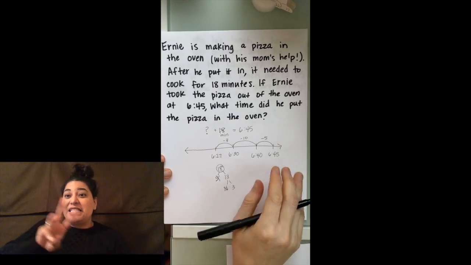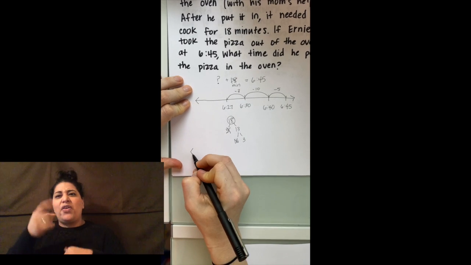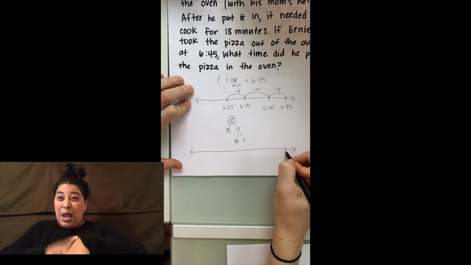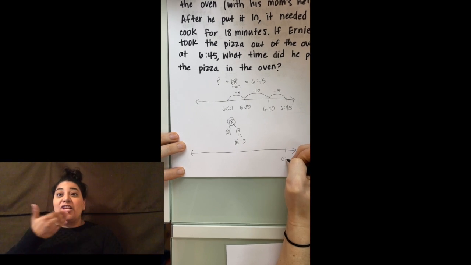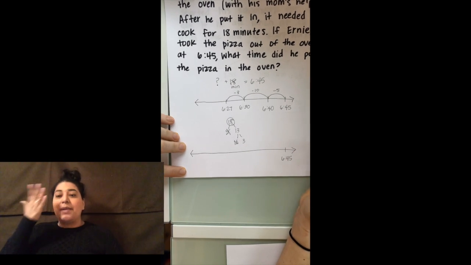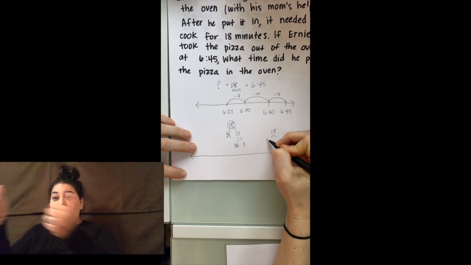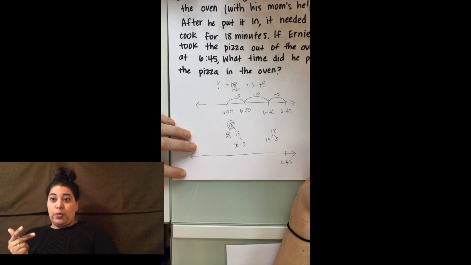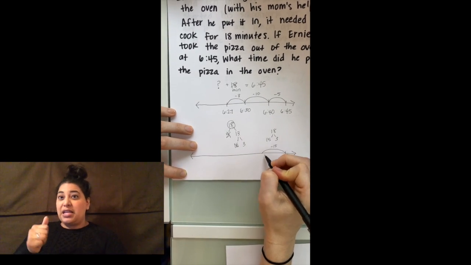Now, while I was doing this problem this way, I thought of another way I could do it. So I just want you to watch again really quick, because with time, 15 is actually a really friendly number. And so here's what I was thinking. I could decompose the 18 into 15 and 3. Now, 6:45 minus 15 is 6:30.